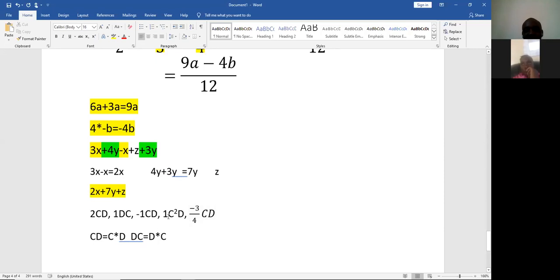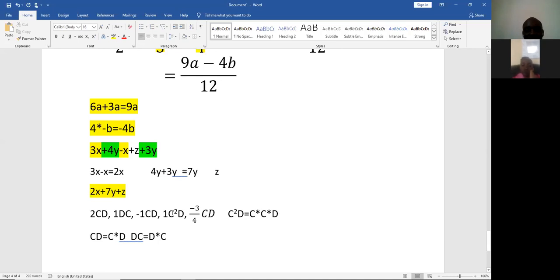This is the one that is different. Why? Because C is not single here, it is C squared D. You can see here C is single, not multiplied by itself more than one time. C squared D means C multiplied by itself, then multiplied by D. So it makes it different from all these others.